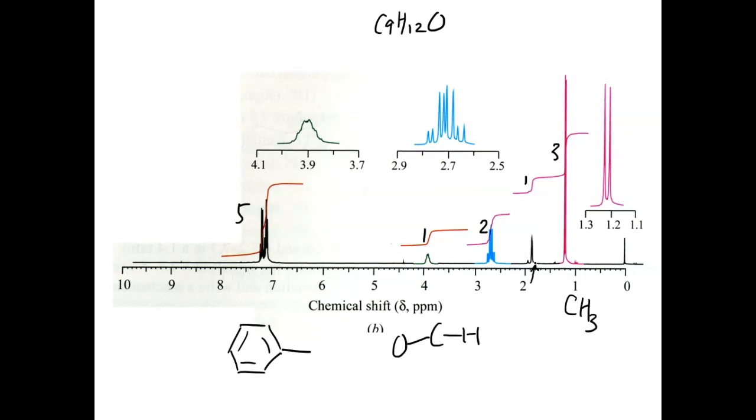This one? Look at it. We assigned this one to CH connected to O. Okay. So what can this single proton be? Do you think it? Yes, OH. Yeah, very good. Because that's the only single proton left. Okay. So this one has to be OH.